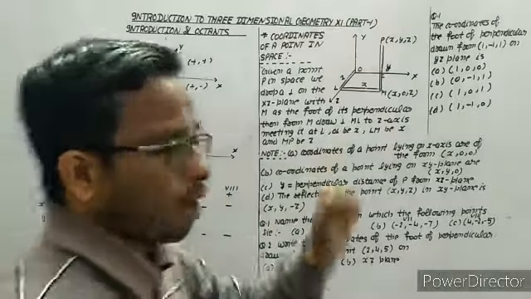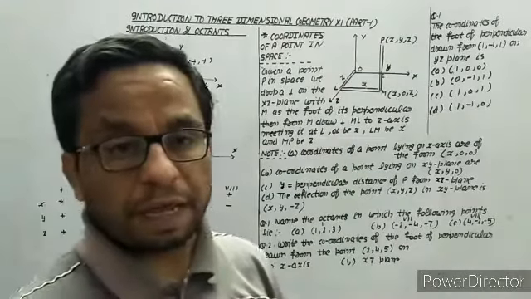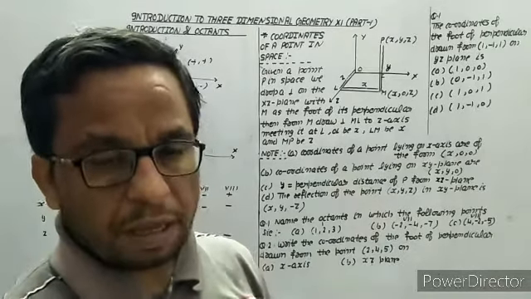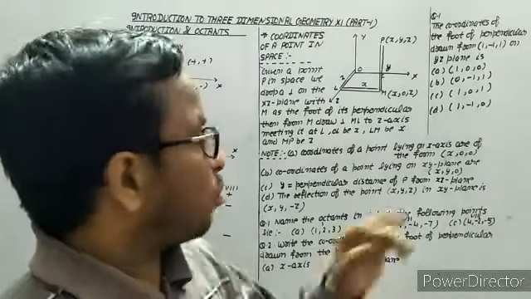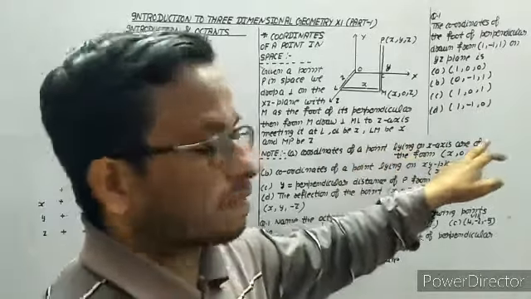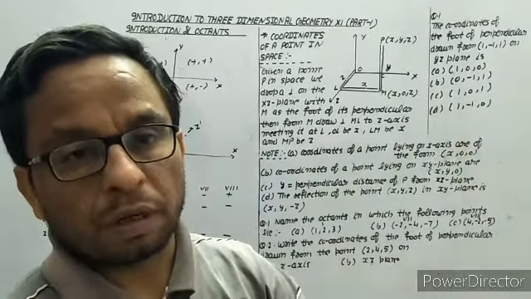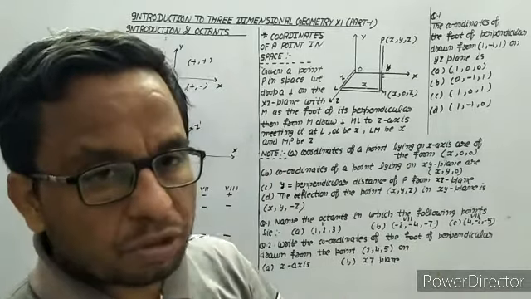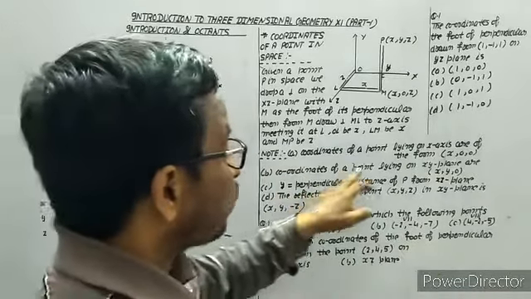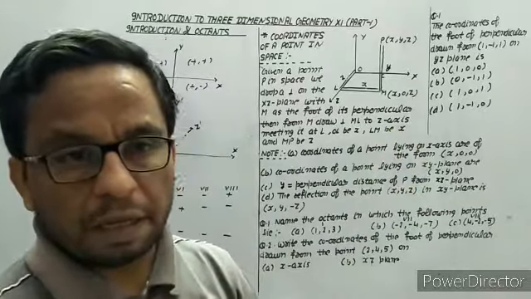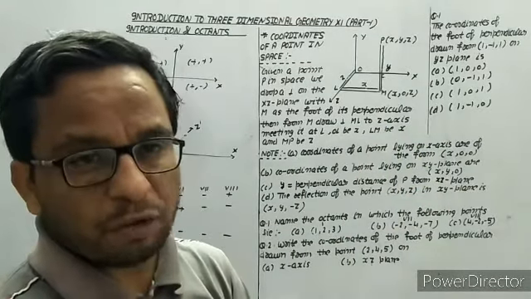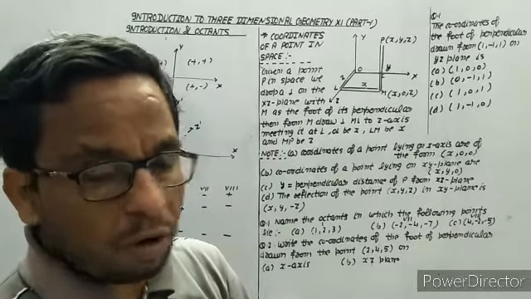Now there are a few points, as we did in 10th class. Coordinates of a point on the x-axis: here, because it is three-dimensional, the coordinates of a point lying on the x-axis are x, 0, 0. Lying on the y-axis, 0, y, 0. Lying on the z-axis, 0, 0, z. Coordinates of a point lying on the xy plane: here there will be the xy plane, the yz plane and the zx plane. So in the xy plane, what will z be? 0.